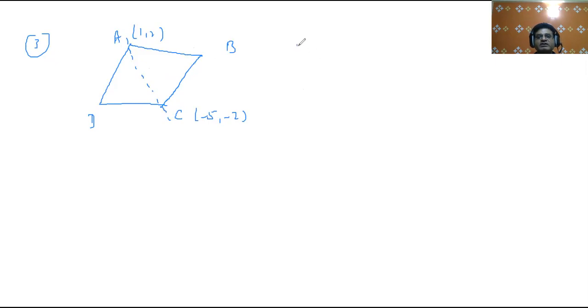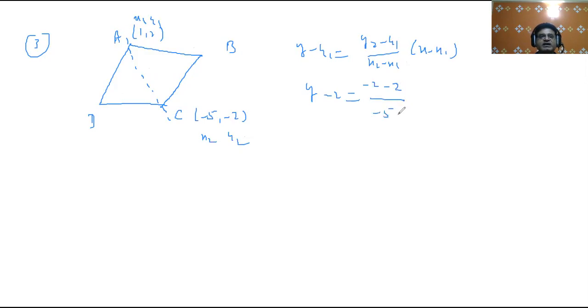So we have the 2-point formula. y minus y1 is (y2 minus y1) upon (x2 minus x1) into (x minus x1). So take this as x1, y1 and this as x2, y2. So y minus 2 is (-2 minus 2) upon (-5 minus 1) times (x minus 1). So y minus 2 is -4 upon -6, so 2 times (x minus 1) upon 3.